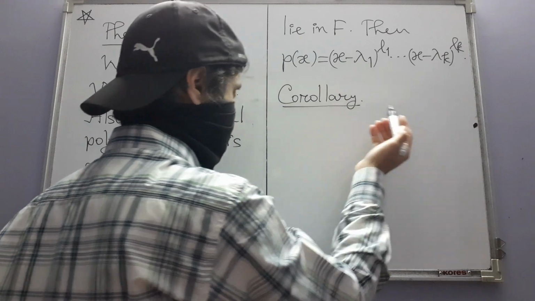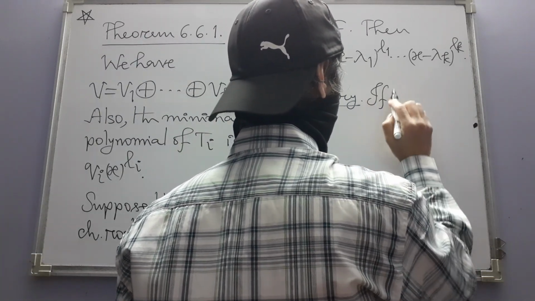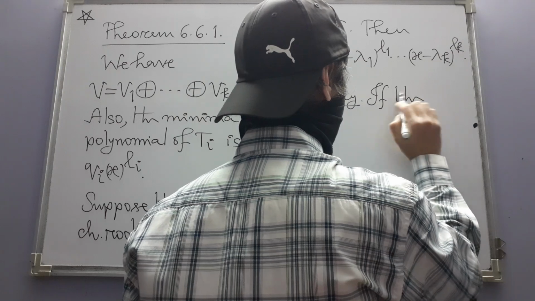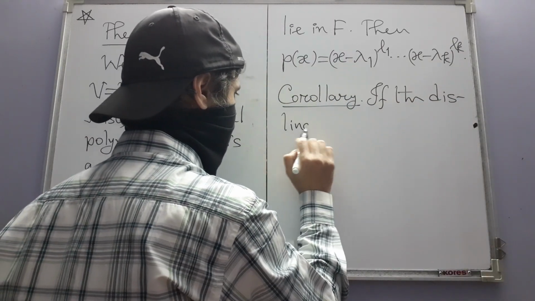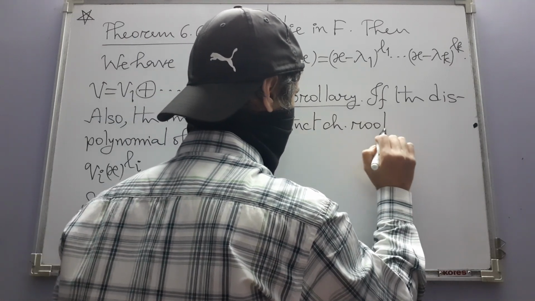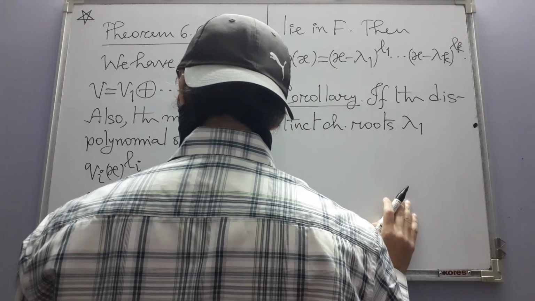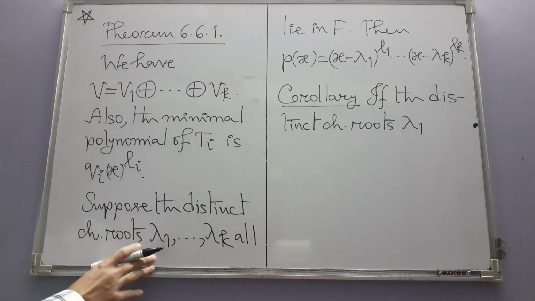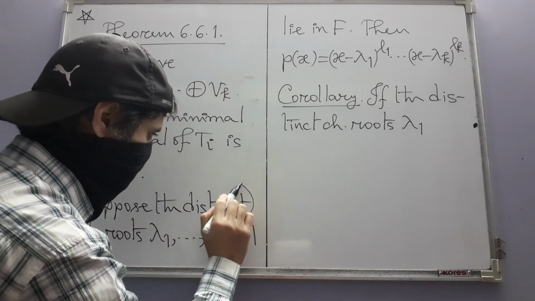So the corollary also starts like that. If the distinct characteristic roots, oh, we did not actually say the characteristic roots of T, but that's understood.